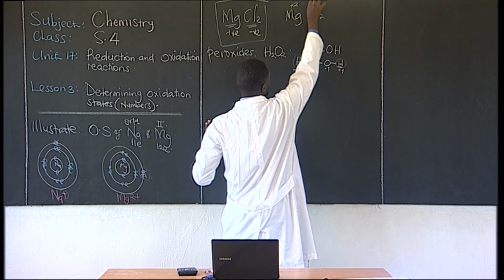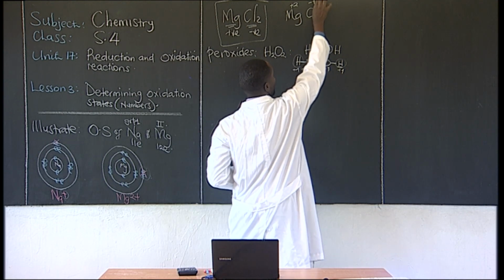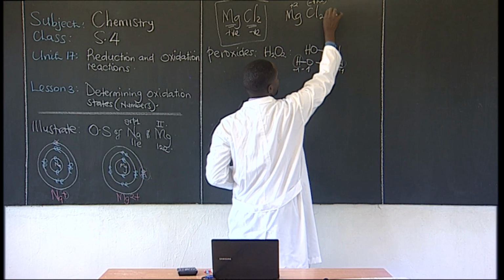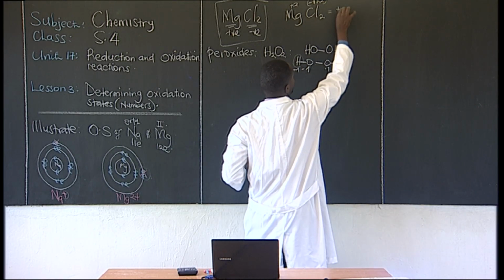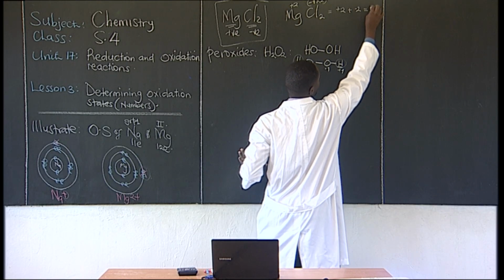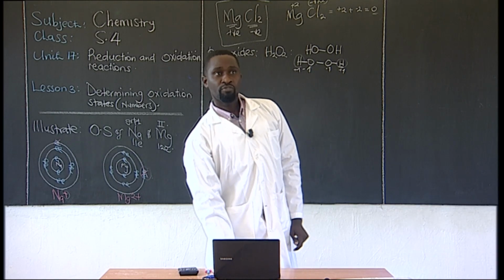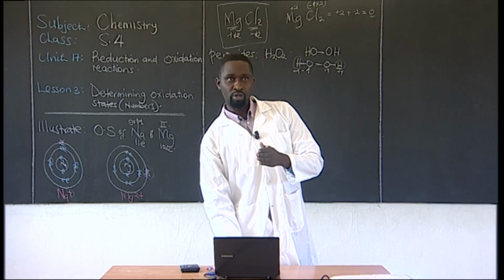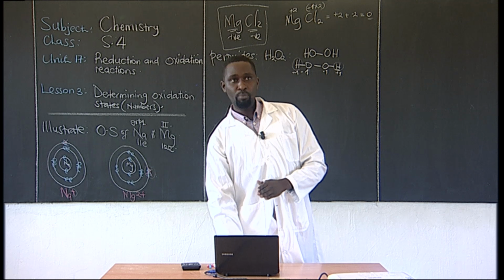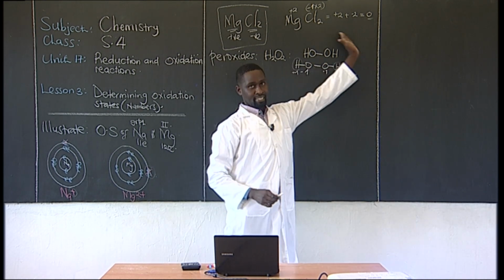Each chlorine is having -1, but they are 2 atoms, and this gives +2 plus -2, which is 0. That's what we mean by saying for an electrically neutral compound like magnesium chloride, the sum of oxidation numbers is 0. This is what it implies.